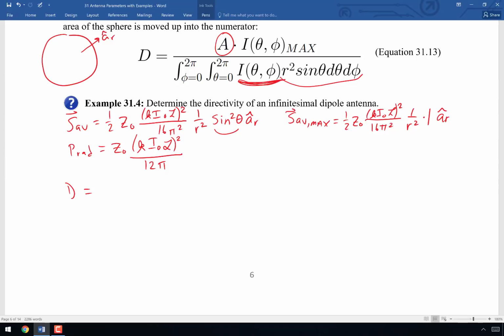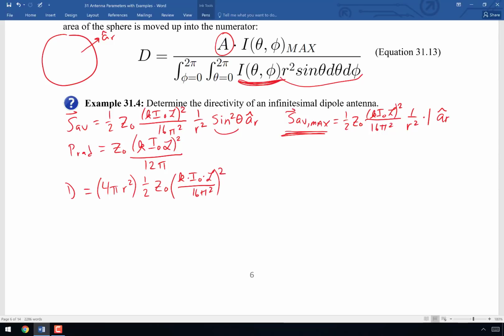The directivity is going to be the surface area of a sphere, 4 pi r squared, times the maximum value of the intensity. So this is 1/2 Z sub 0 times k times I sub 0 times L, all over 16 pi squared.